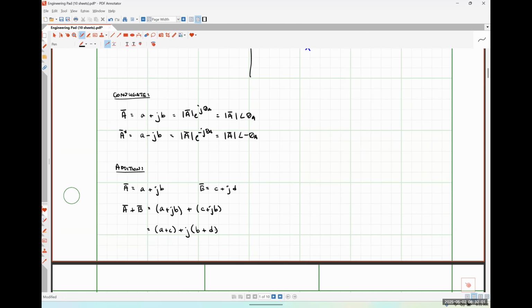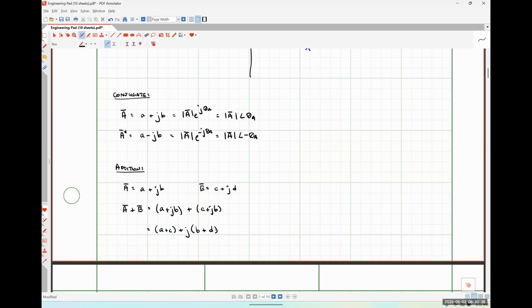So anybody have any questions, comments, concerns about that simple addition operation? Okay. It's just the real parts added together plus j, the imaginary parts added together. Okay. There is not an easy or convenient way to do addition by hand with polar form or exponential form complex numbers.